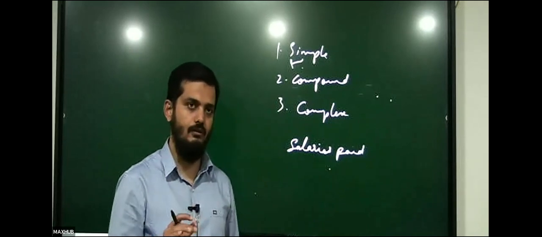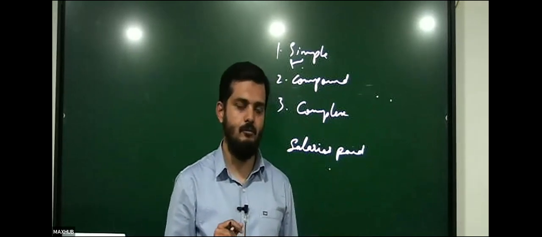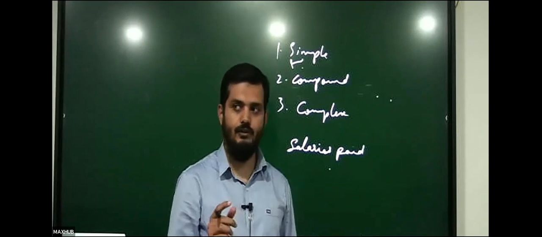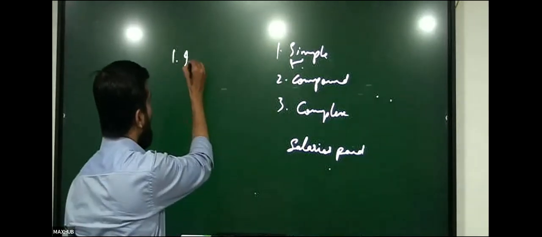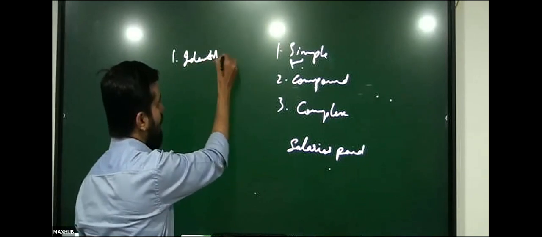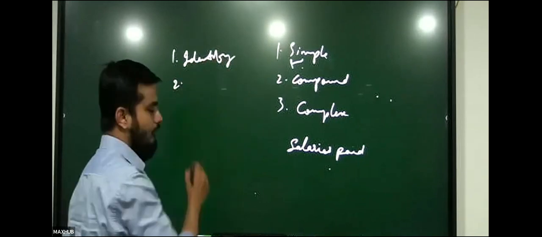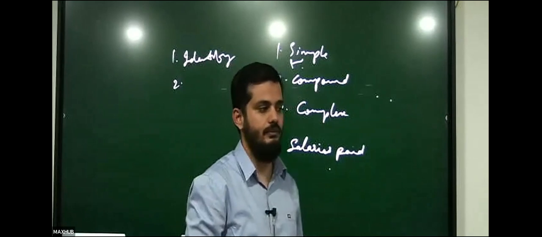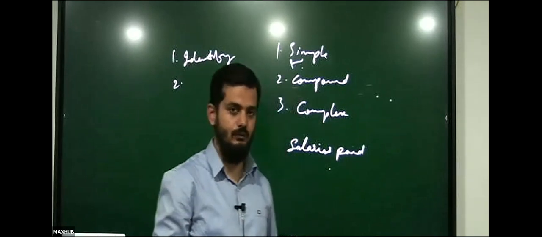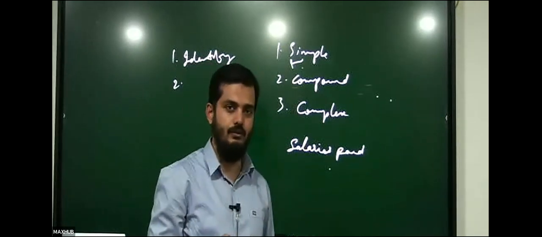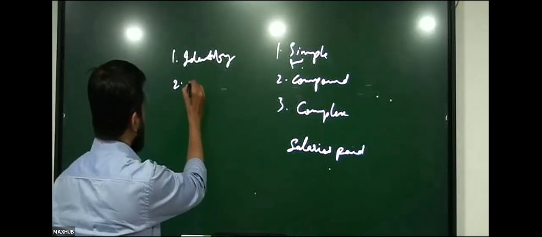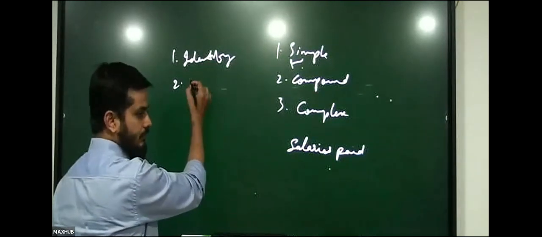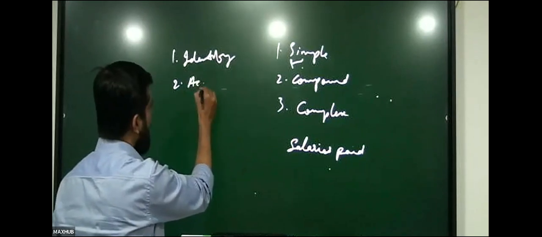We have to follow certain rules to book the journal entries. First rule is identifying the accounts: what accounts are involved.